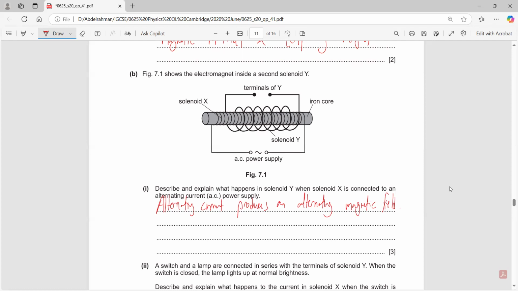It cuts the coil Y, producing an alternating induced current and EMF in Y.